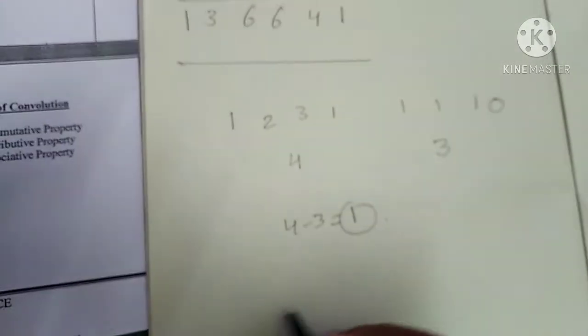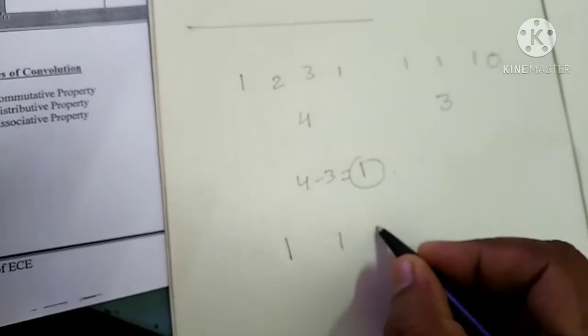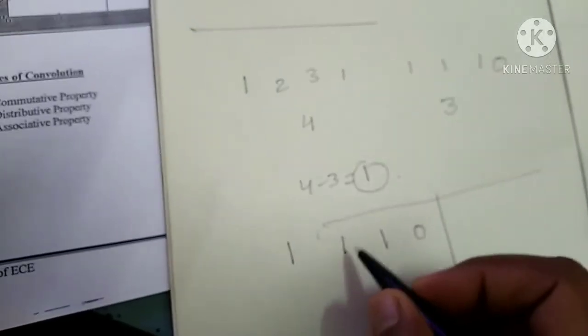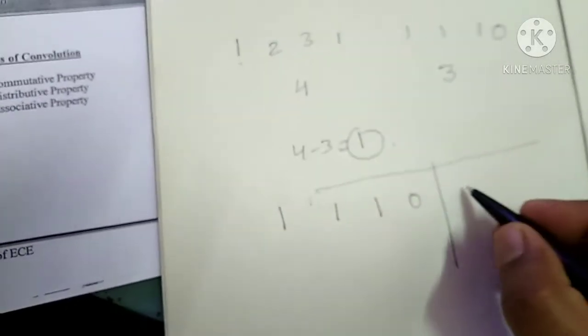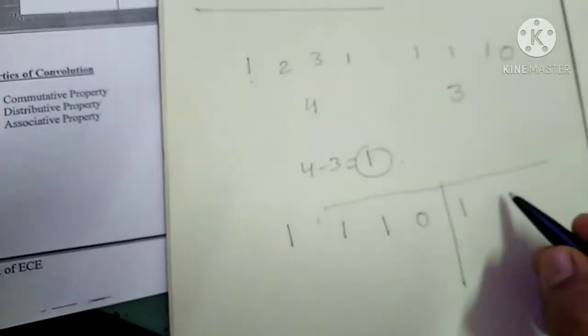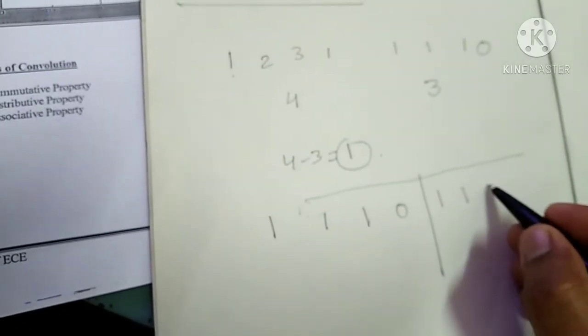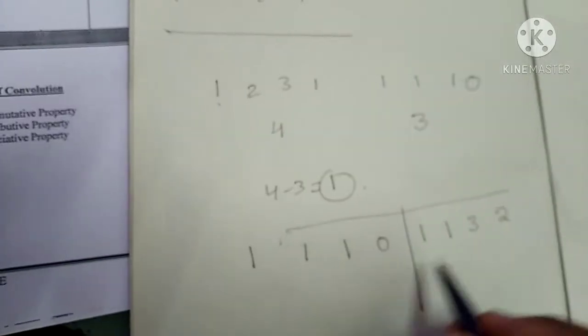Okay. So now we have to use a tabular method or any other method in order to solve this one. Let us take this 1 1 1 0 as constant. Any value I can take here. So the first value I have to keep as it is. The remaining values I have to rotate. Rotate in the sense 1, then 3 and 2. Okay.